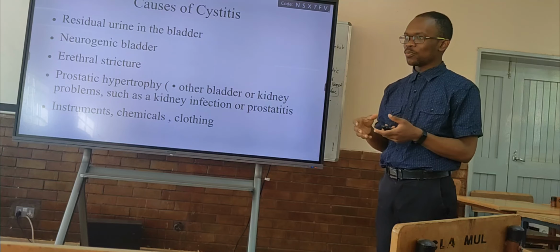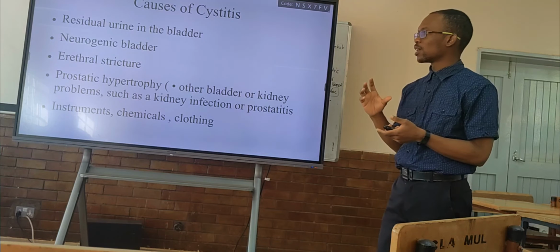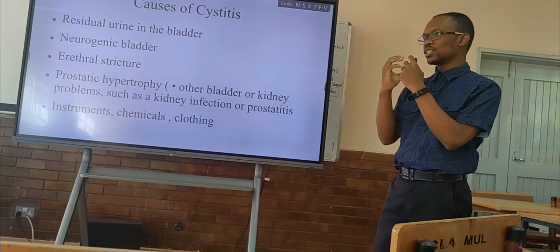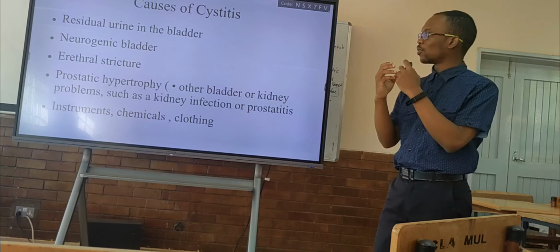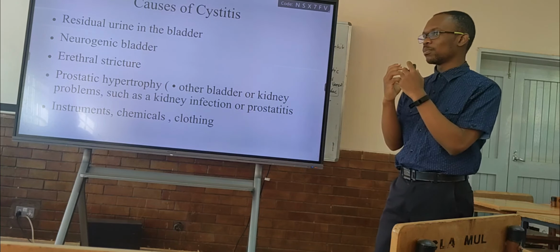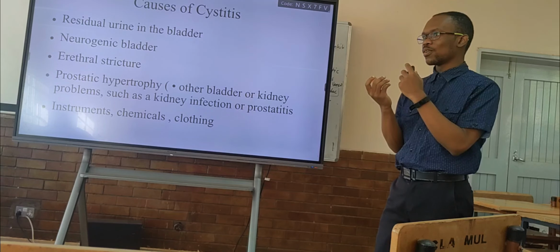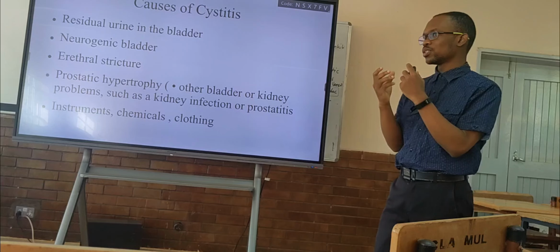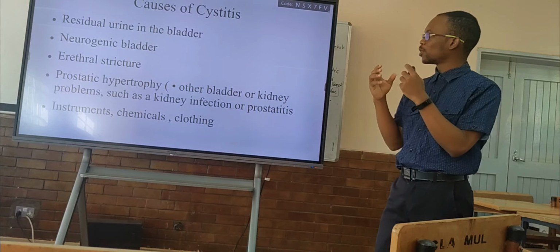Residual urine is the urine that remains in the bladder. It shouldn't be prolonged, because it might be caused by a malfunction of the bladder in terms of storage, and when there's residue, they are able to acquire infection.